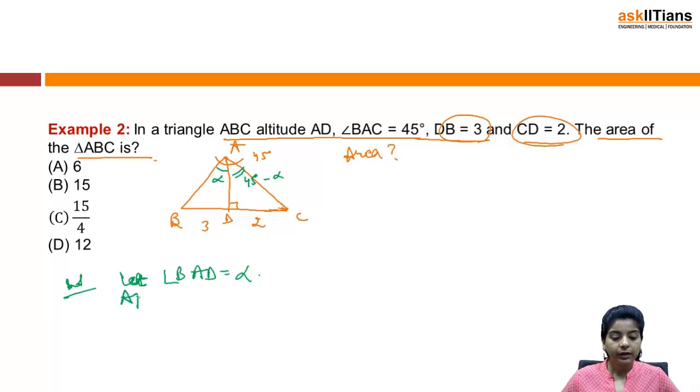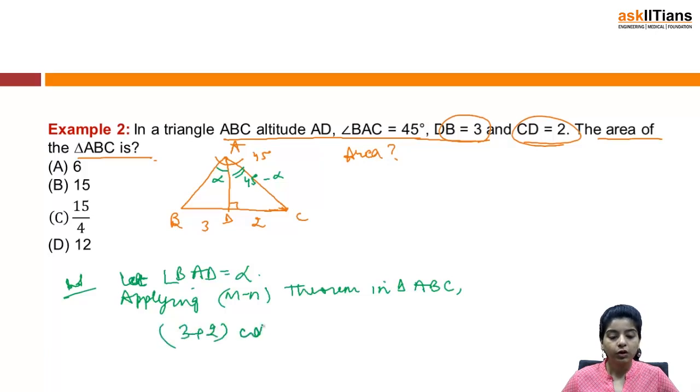Then applying the m-n theorem in triangle ABC, (3 + 2) cot 90 would be equal to 3 cot alpha minus 2 cot (45 minus alpha). So 3 plus 2 times cot of this angle is equal to 3 cot alpha minus 2 cot (45 minus alpha).